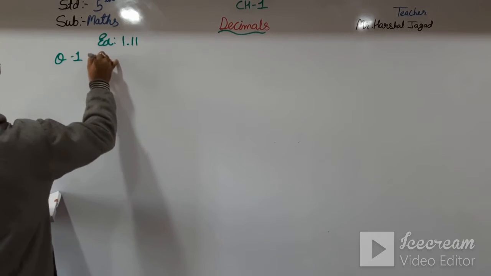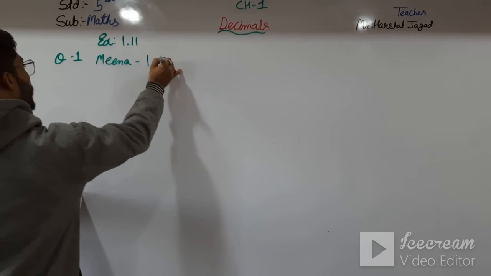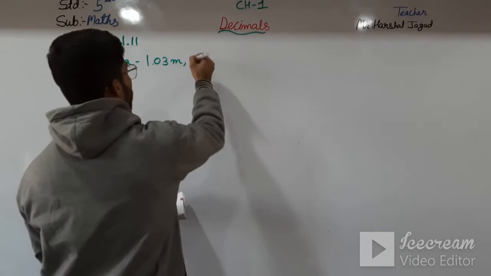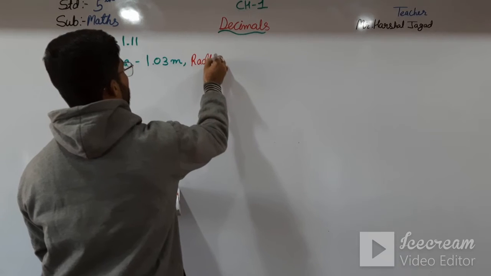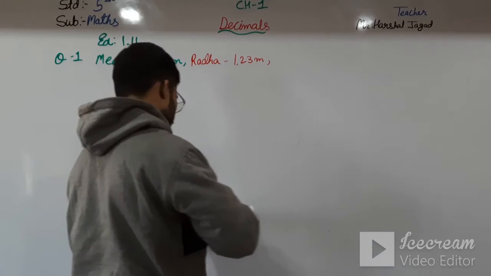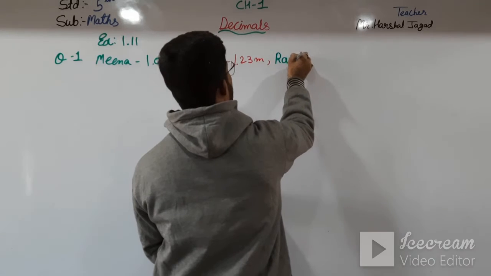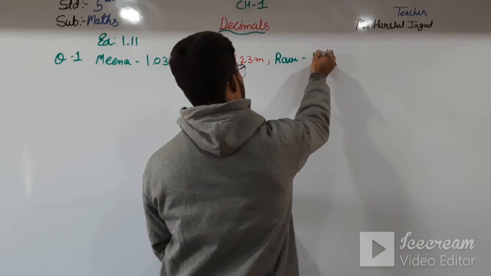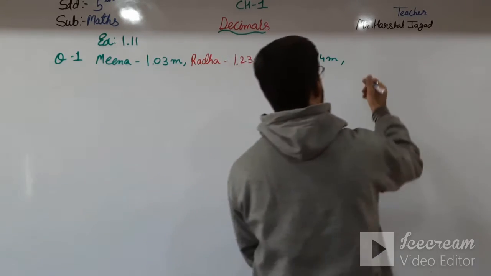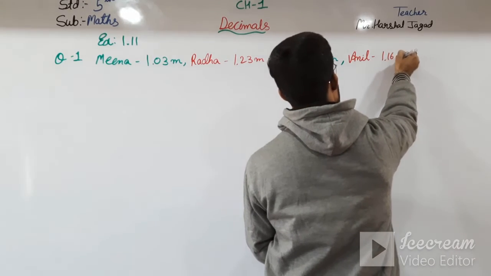So there are some heights given. Meena, that is 1.03 meter. Radha has a height of 1.23 meter. Another one, Ravi, that is 1.4 meter. Anil, that is 1.16 meter.